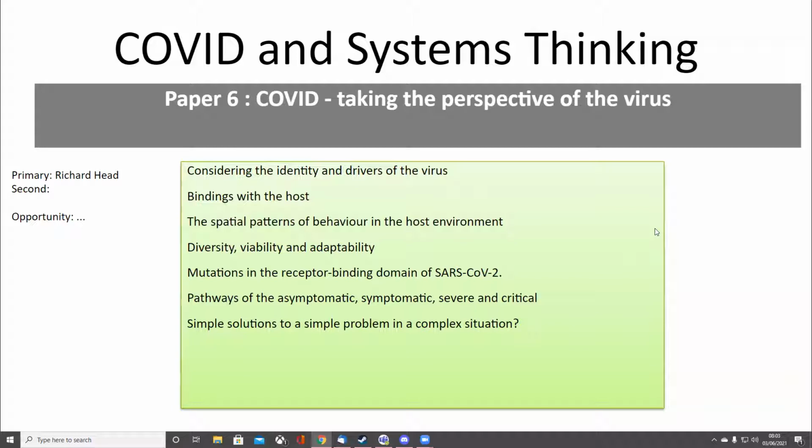And so you can map this all the way through simply by looking at the affinities of the virus. So that's where I am in terms of the document itself.